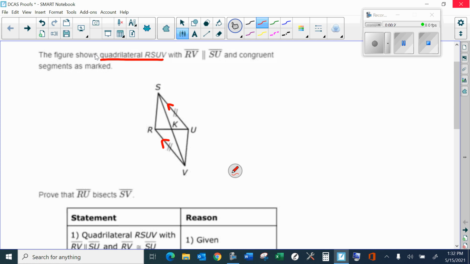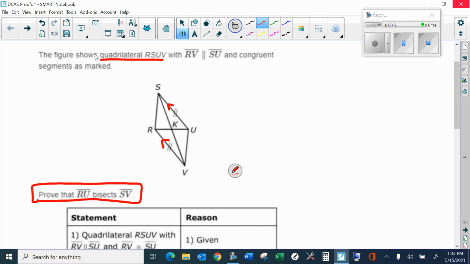Now, if you remember, this is the fifth sufficient condition to prove that this is a parallelogram. Okay? But that's not what we're trying to prove here. We're trying to prove that segment RU bisects segment SV. So we need to prove that those are congruent segments.